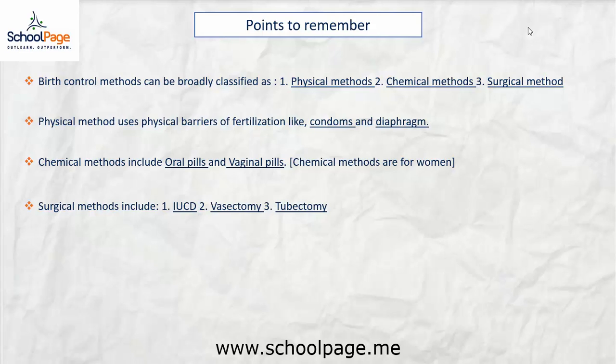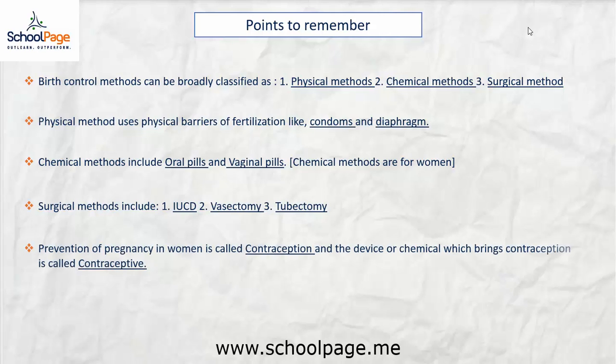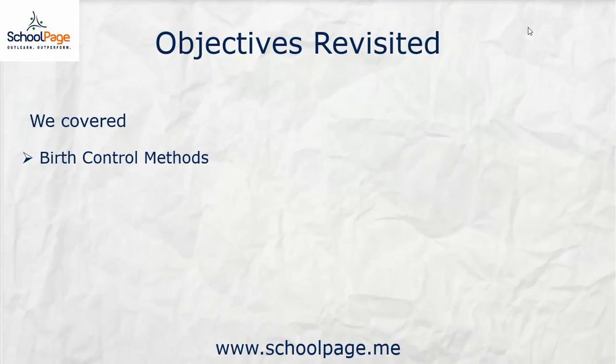IUCD and tubectomy are the surgical procedures which are done on females and vasectomy is done on males. Prevention of pregnancy in women is called contraception and the device or chemical which brings contraception is called contraceptive. In this video, we covered birth control methods in humans.